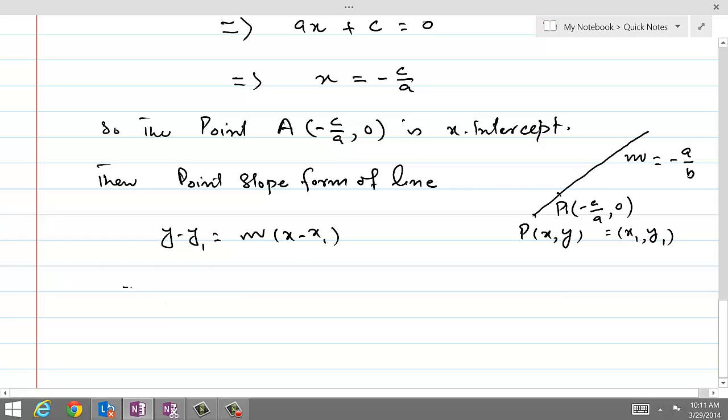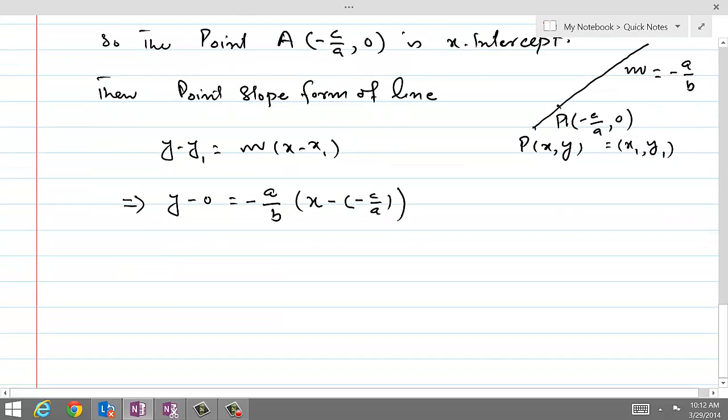We now have a point for which y1 is equal to 0, and the slope is minus a over b, so y minus 0 is equal to minus a over b into x minus c over a.